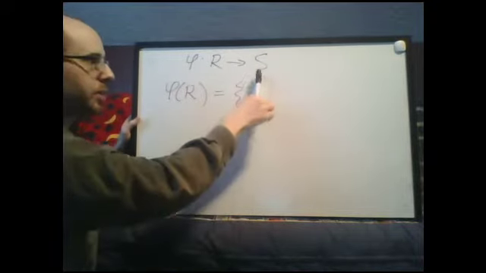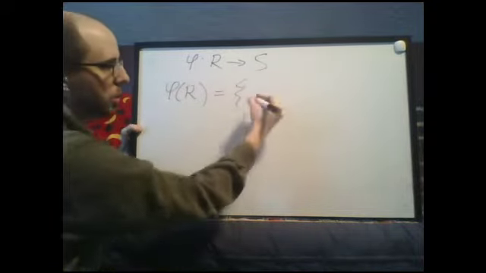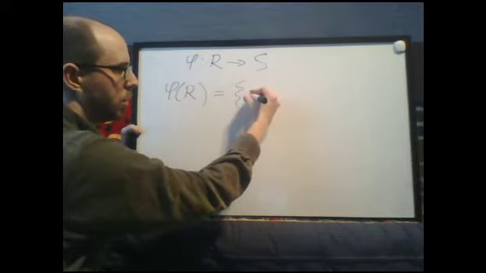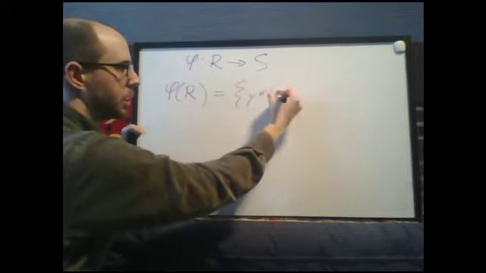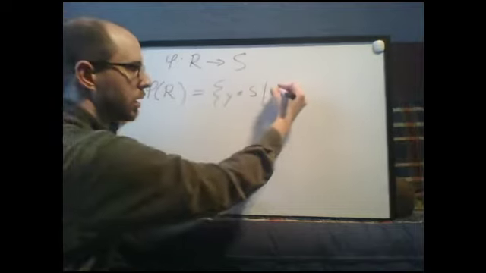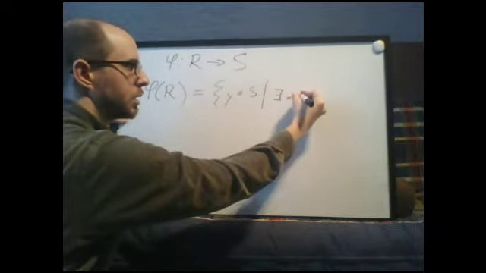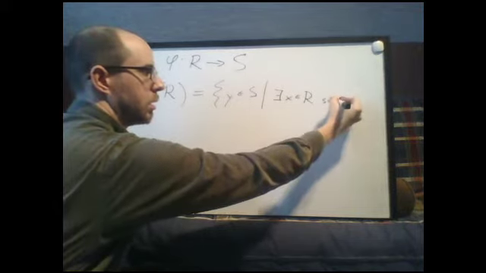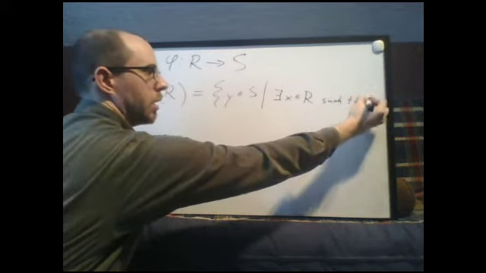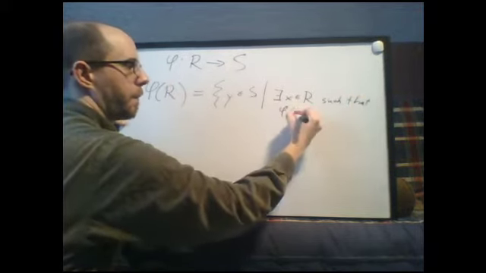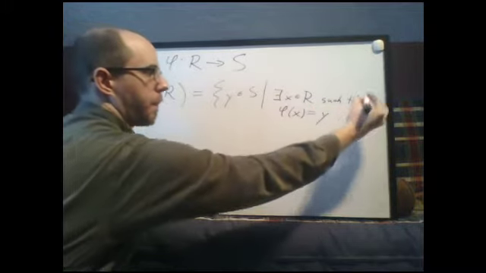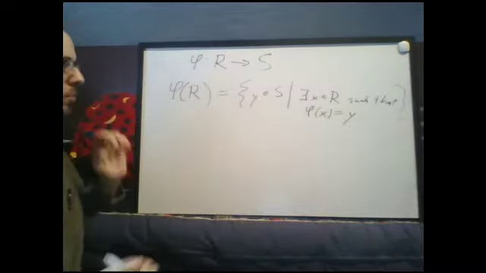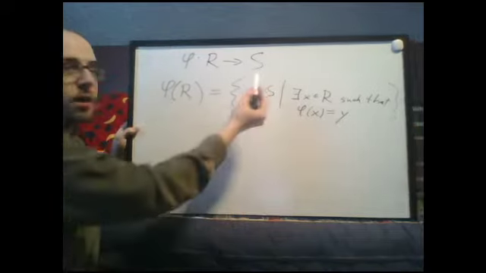This is the set of everything in S, so we'll call it the set of y in S, such that there exists an x in R such that phi of x equals y. Okay, so this is a subset of S.